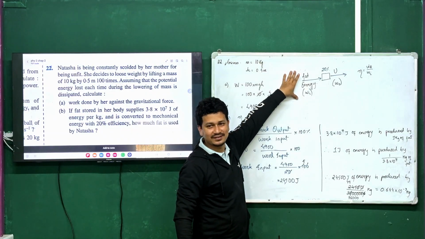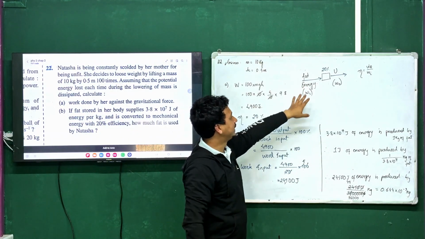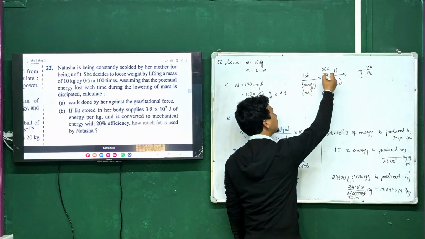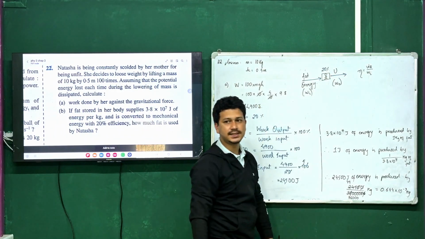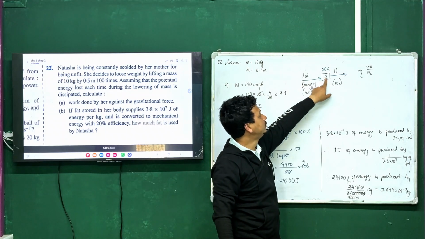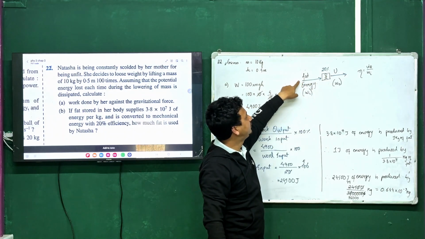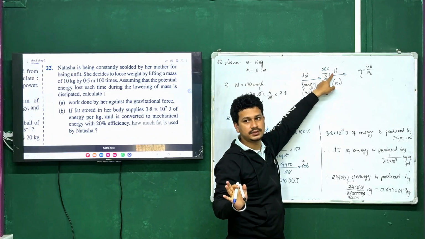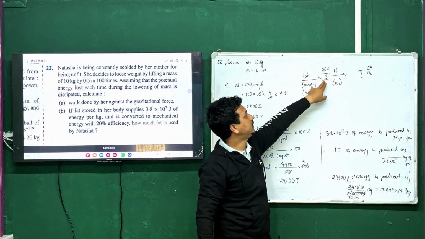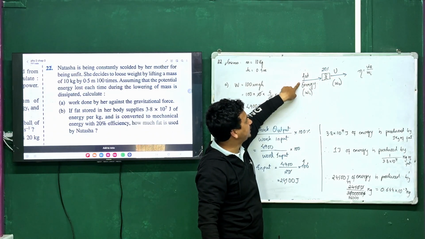This part, no? Okay, let me explain again. See, this box is basically Natasha. In this case, the box is Natasha. What is Natasha trying to do? Natasha is trying to convert the fat energy to potential energy to lift the dumbbell. Okay, so now she's using fat energy.